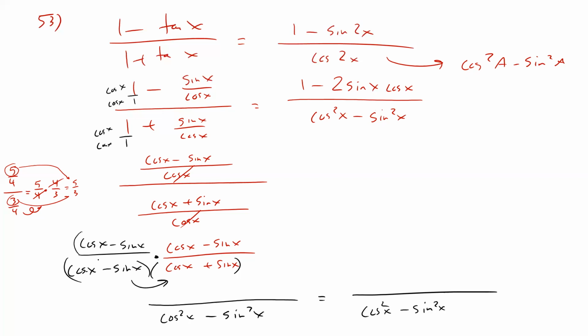On top, I have this to deal with now. So cosine times cosine is cosine squared x. This would be a minus sine x cosine x. This would be another minus sine x cosine x. Would it be minus 2 sine x, please?